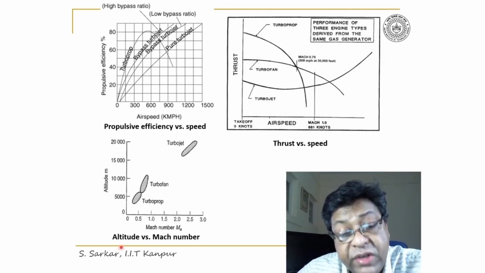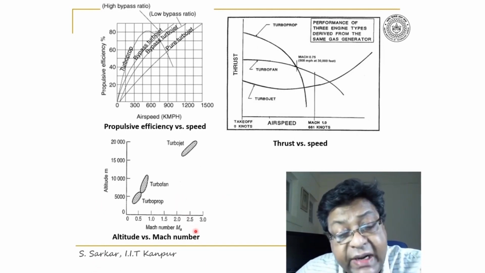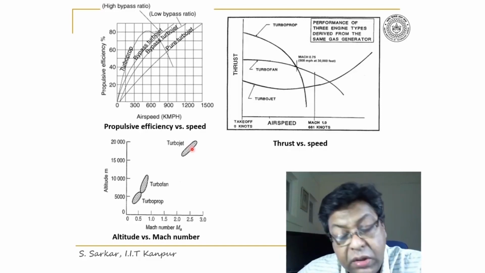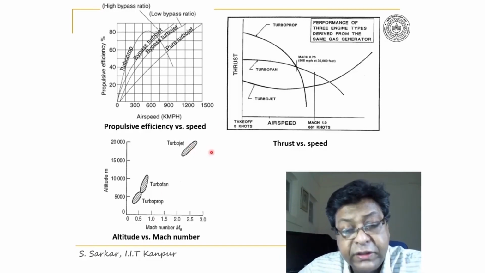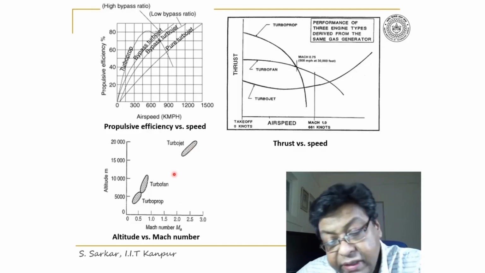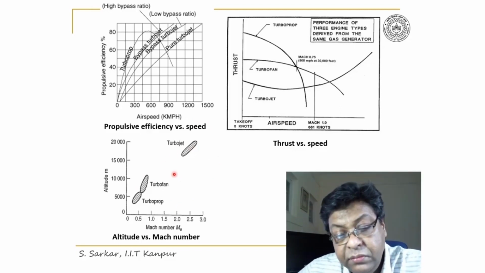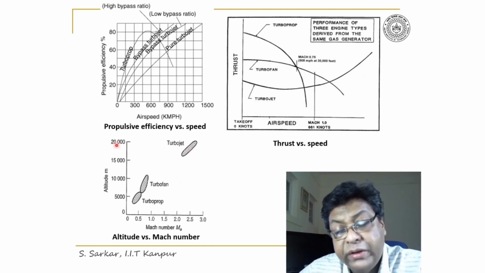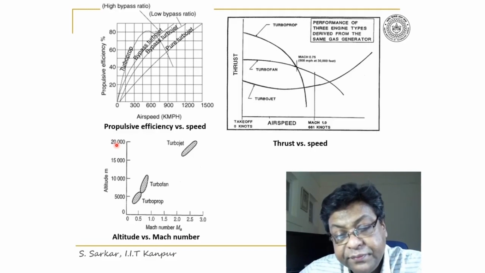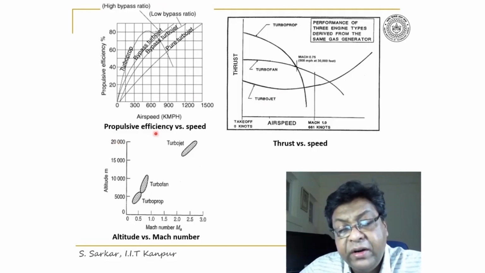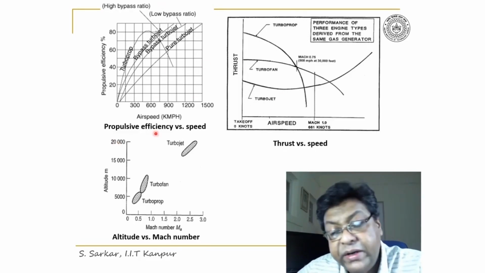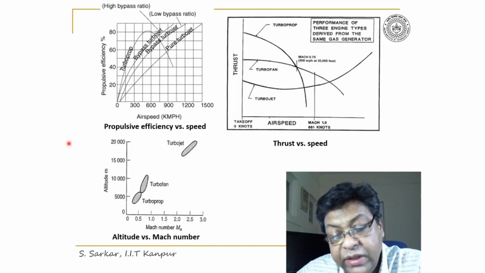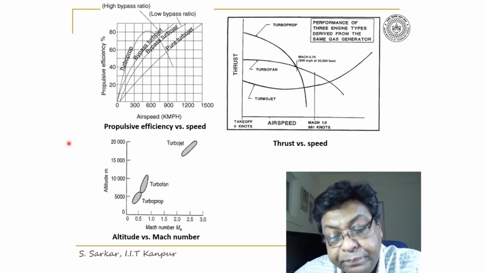You see, turbojet is active at a very high Mach number of Mach 2 and beyond. It is very efficient in this range, and turbojet flies at an altitude of 20,000 meters. So by this figure, you can appreciate the characteristics of the three machines and when they are used.